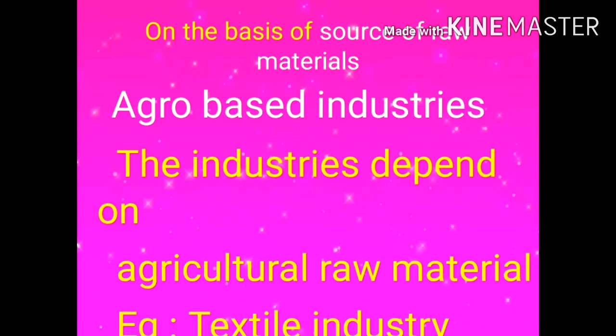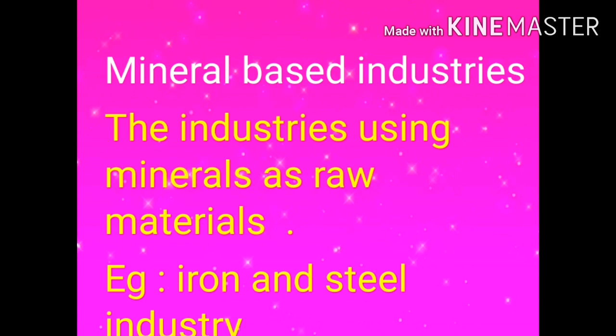On the basis of source of raw materials, industries are classified into agro-based industries and mineral-based industries. Agro-based industries depend on agricultural raw material, for example, the textile industry. Mineral-based industries use minerals as raw material, for example, iron and steel industries.